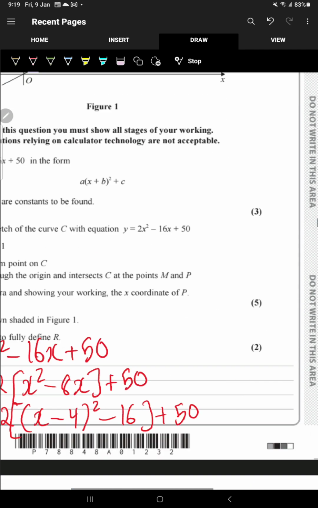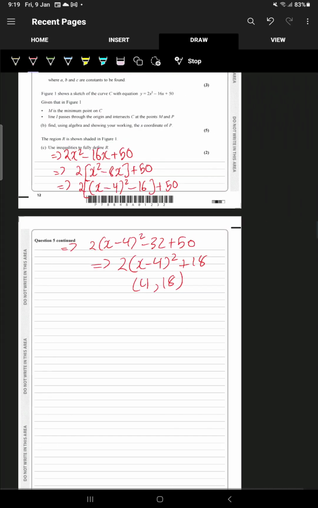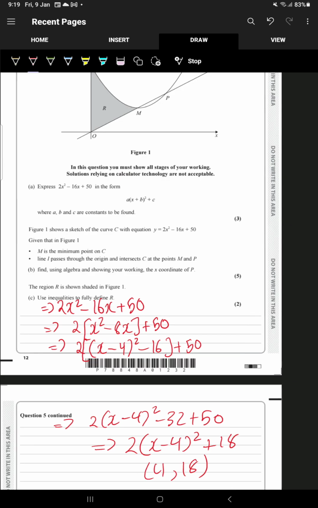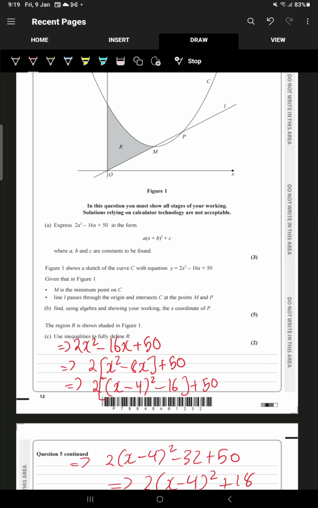So this is going to be the minimum point. Now it says M is the minimum point on the curve. Find, using algebra, showing the x coordinate of P. This is a tough question, kind of twisted. It passes through our origin, so we have this point and we have the minimum point, and they both lie on the straight line.